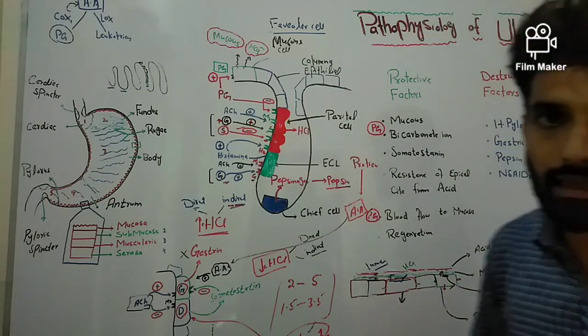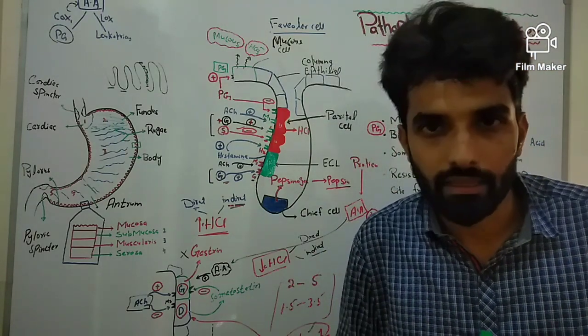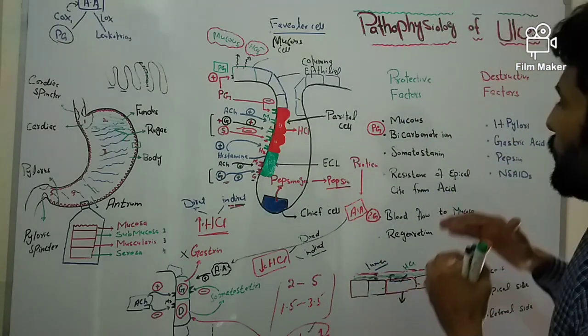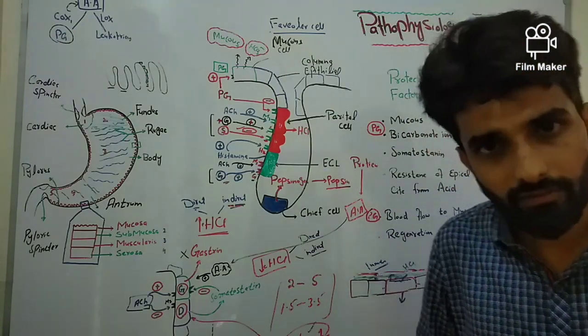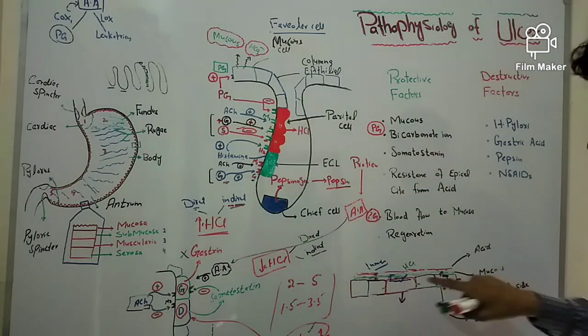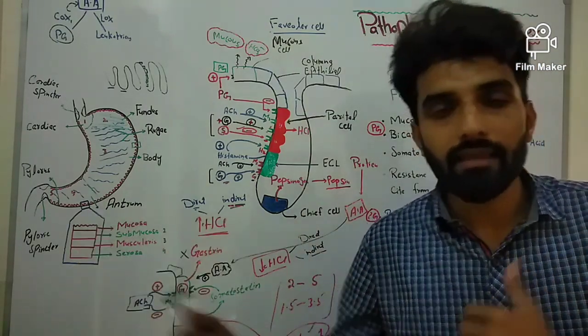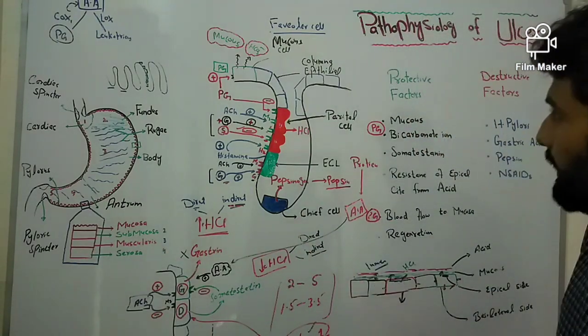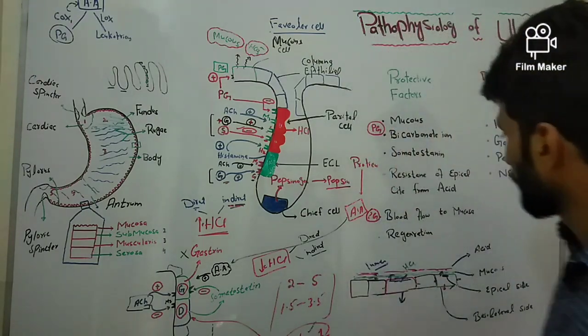This apical side of the columnar epithelial cell naturally has a tendency to resist acid to some extent. So the resistance of this apical side of the cell against the acid will also be considered a protective factor.